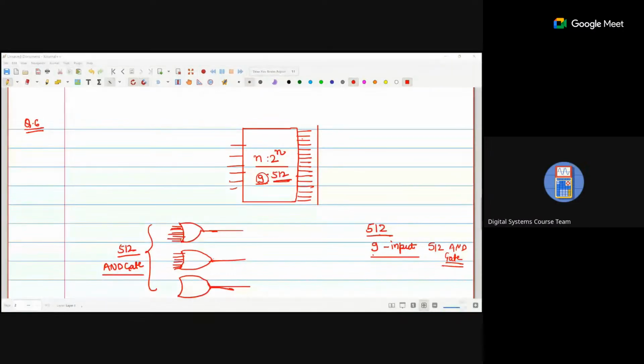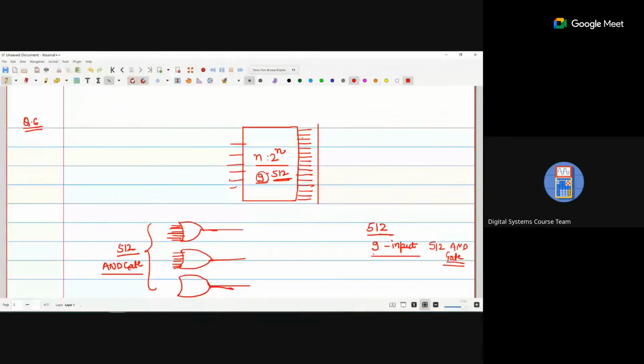Now here one more thing is that the enable pin signal is a common input for all gates. We already have 9 inputs, and I just make all the 9 inputs common. But to control which particular AND gate will operate at a single time, we require one enable pin also for every AND gate.